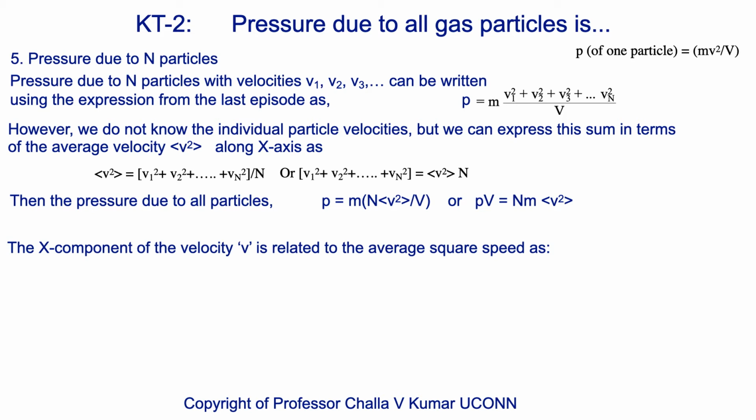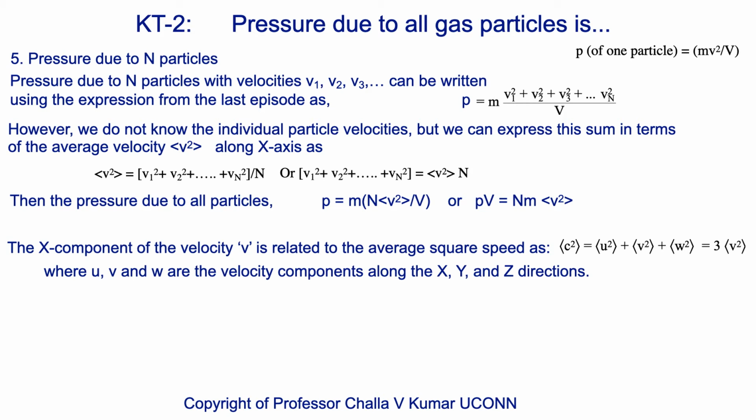For example, we can say that the x component of the velocity v is related to the average squared velocity c squared, if we drop the direction, as c squared equal to u squared plus v squared plus w squared, where u, v, and w are the velocity components along the x-axis, y-axis, and the z-axis.